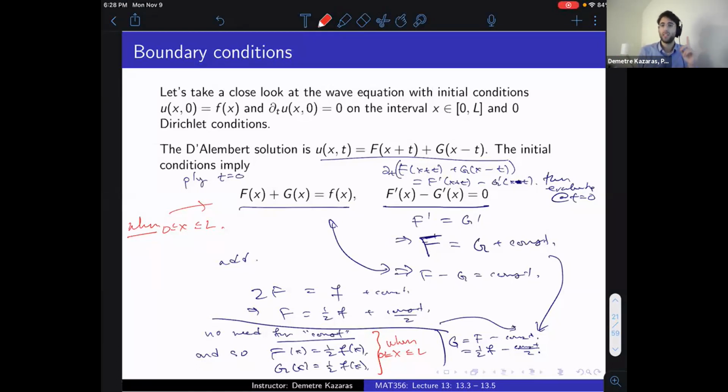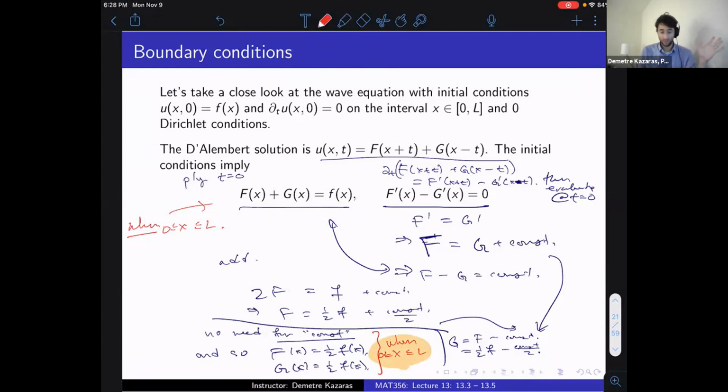We've only figured out that the capital F and capital G are equal to 1/2 little f when you're plugging in a number in between 0 and L into the big F and G's. That's the confusing part.